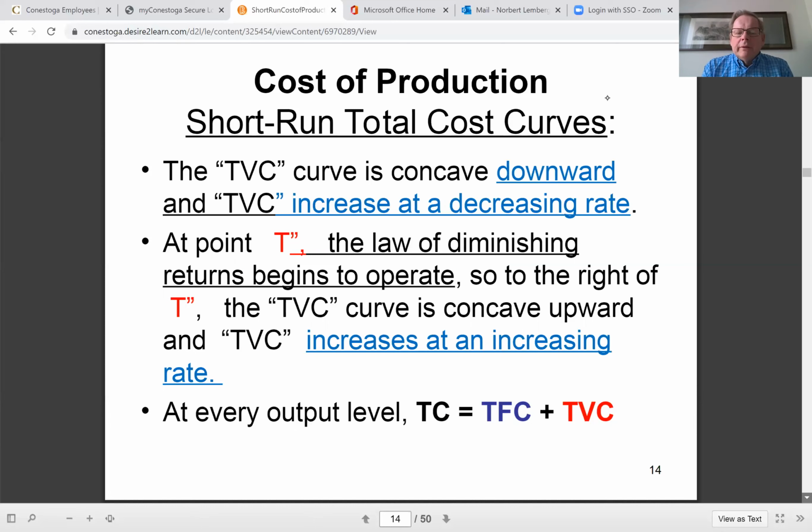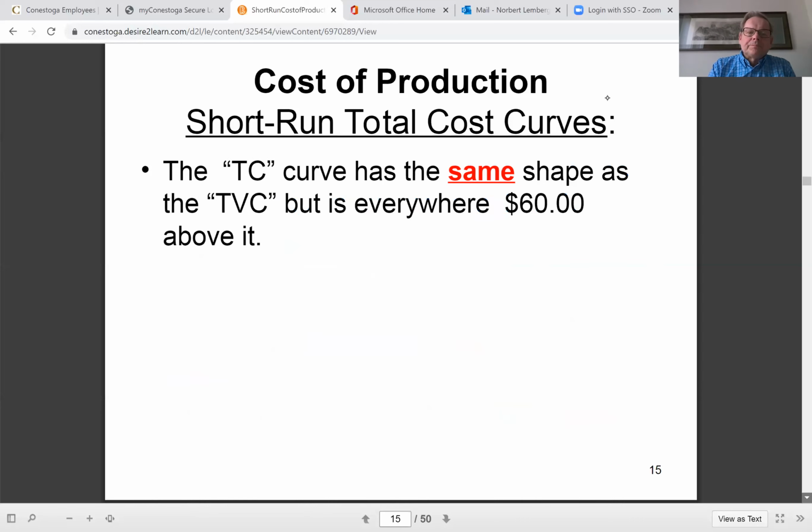At every point of output, your total cost is going to be equal to your total fixed cost plus your total variable costs. Your total cost curve has the same shape as your total variable cost, but is $60 above it.